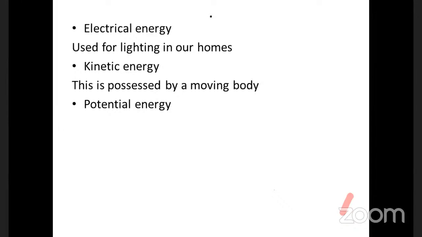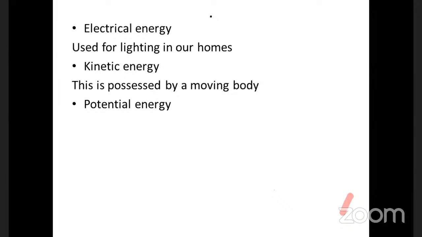Potential energy, the energy possessed by an unmoving object. Okay, Vincent: potential energy is the energy possessed by an object at rest above the ground. From the chat, from Hope: potential energy is the energy possessed by a body by virtue of its position in the gravitational force.